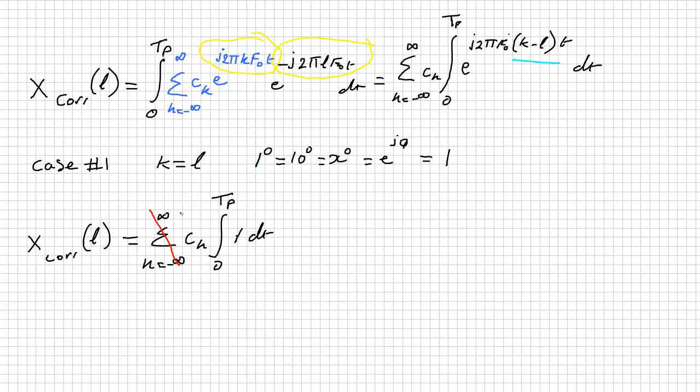We are not summing from minus infinity to plus infinity, and of course k and L are the same thing now, so we could write CL. So now if we integrate and take the limits, we have CL. We are integrating 1, which is going to give us t. These are our limits, and of course the answer is simply CL TP.